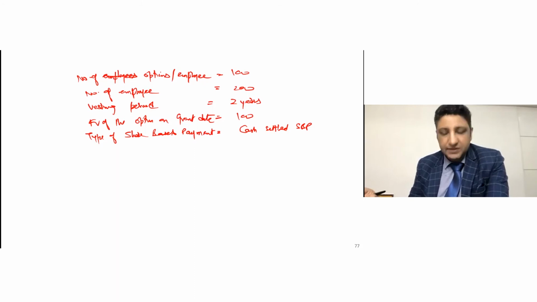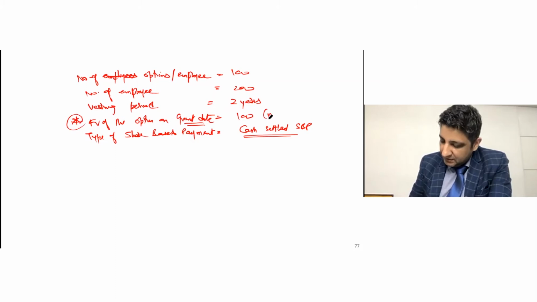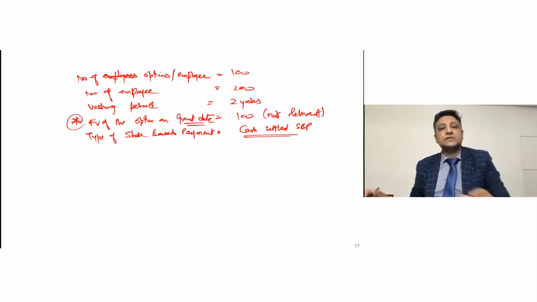The moment it's a cash settled share-based payment, the fair value of the option at the grant date is not relevant, right? In case of a cash settled share-based payment, we do not consider for measurement purposes the fair value of the option on the date of grant.